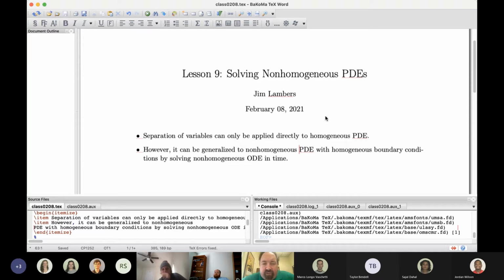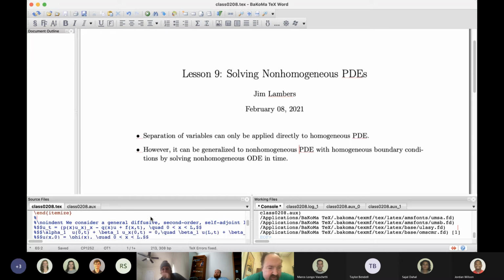Then we can use standard approaches to solving non-homogeneous ODEs to help us in this case. So I'm going to talk about a very general problem just to give you a framework for how you solve these kinds of problems, and then I'll work through an example.